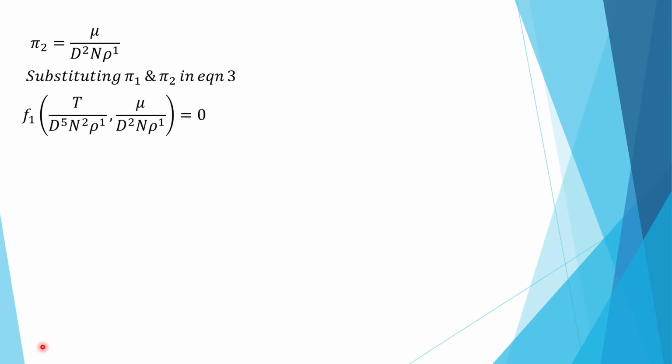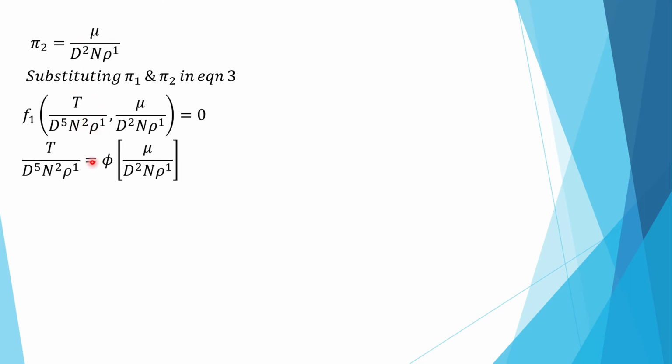Now we'll substitute the pi 1 and pi 2 values in equation 3. So f1 of T by d power 5 n square rho, comma mu by d square n into rho is equal to 0. Now we'll bring this term to the LHS.